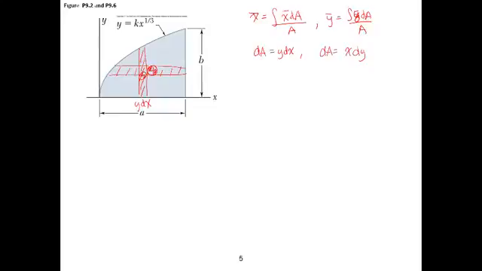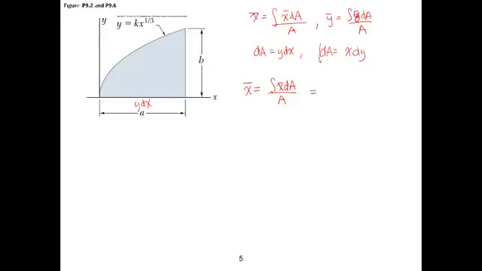So let's go ahead and do one quick example. Let's say I want to find the centroid x bar for what we have. I'm interested in finding the x bar, so we know that's the x of each shape, the centroid times the area, integrated, divided by the overall area.